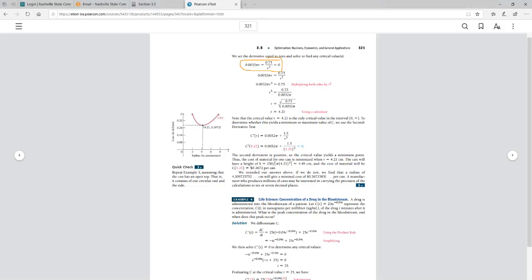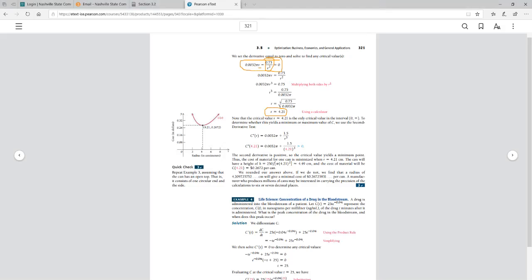Now we're not solving for pi, because remember, pi is a number. We're solving for r. And the first thing they did was they simply took this term here on the left to the right side and made it positive. And then they just used algebra to come to the conclusion that the radius would have to be 4.21. So 4.21 ends up being the only critical value.